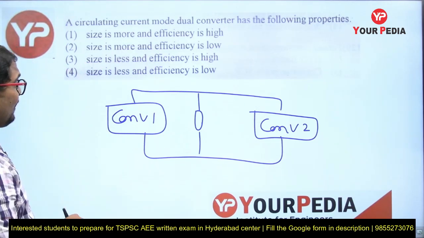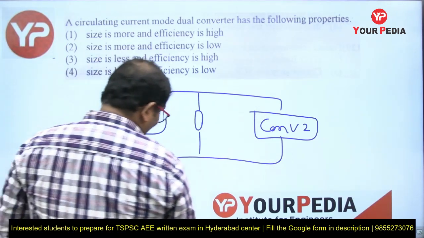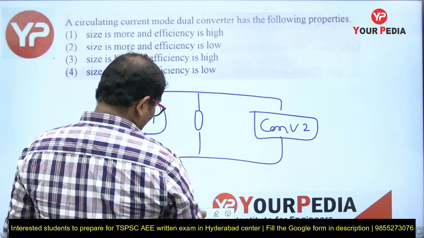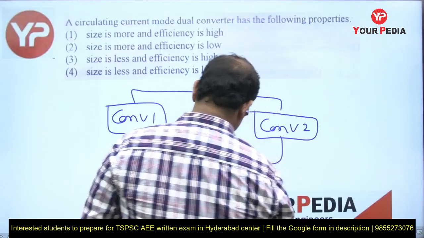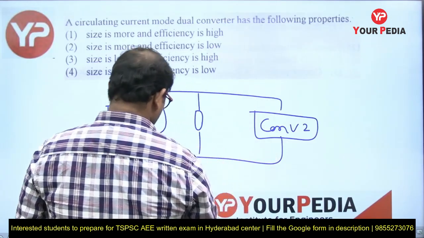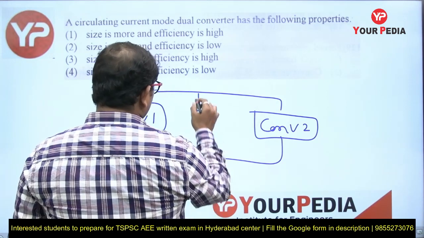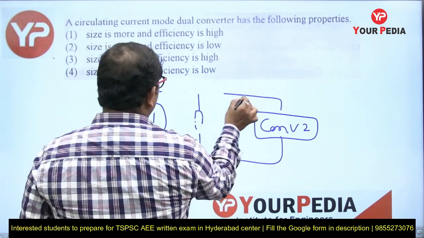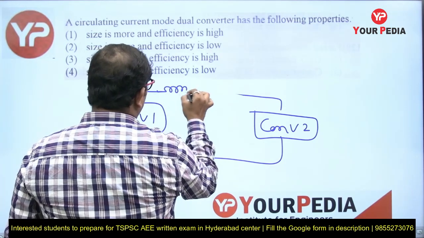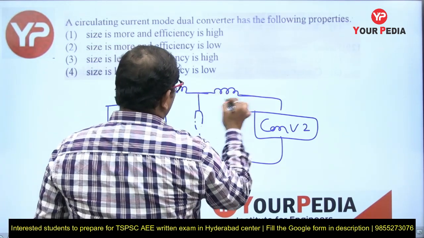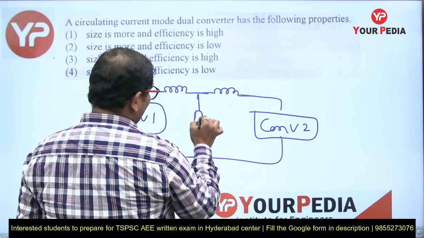But what is the additional thing here he has given? He mentioned circulating current mode of operation. And so in circulating current mode of operation, we'll introduce an inductor into the circuit.